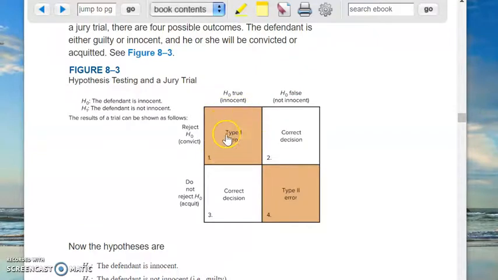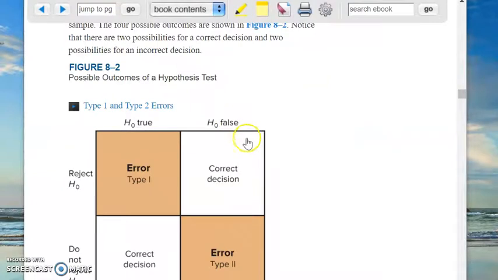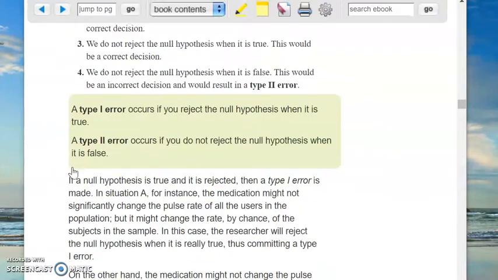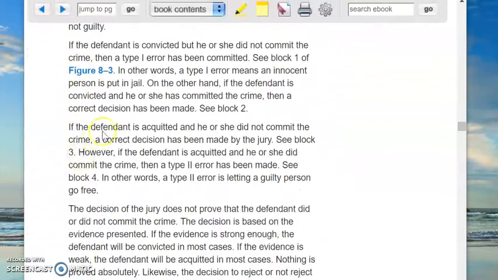Type 1 error is where the null hypothesis is true, but you reject it. And the reason you reject it is because the sample that you picked is so far different from the null hypothesis mean, as an example. It's so different from the null hypothesis that you say, oh my goodness, that could not possibly be due to chance. It must be true that Wheaties helps you do push-ups.